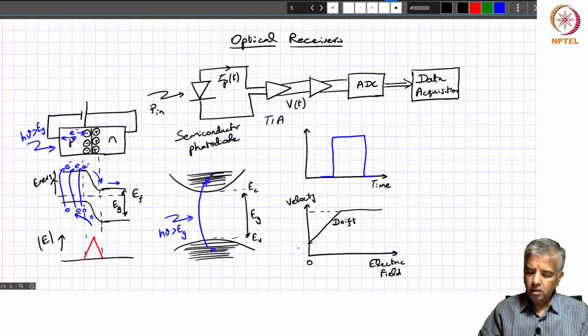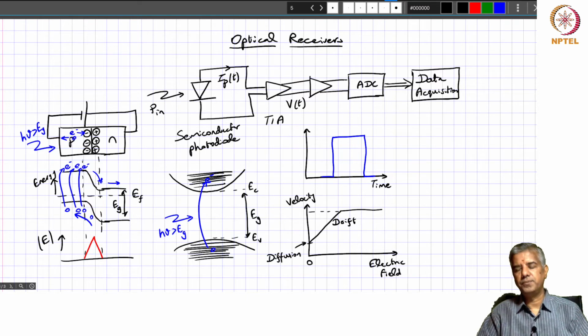Whereas if you don't have an external electric field, the charges move under the influence of diffusion.